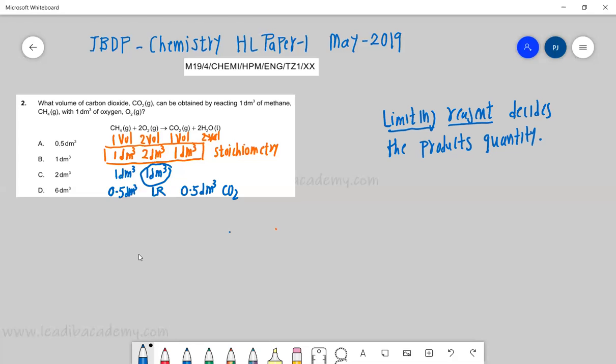In this case, oxygen is in the limiting quantity, so its quantity is going to decide how much production there will be. So the clear-cut answer is option A. Very, very simple.